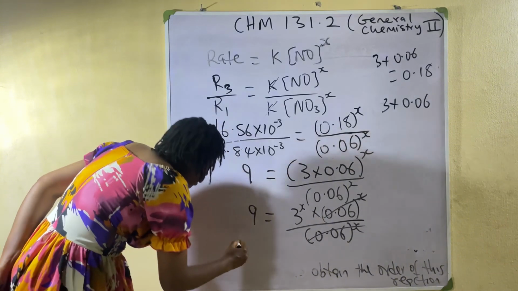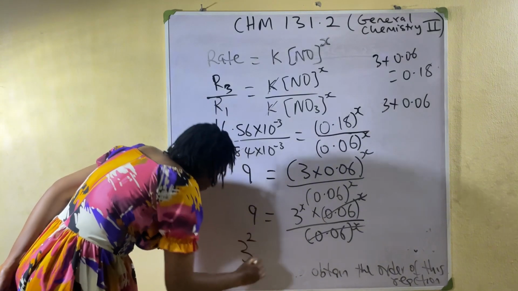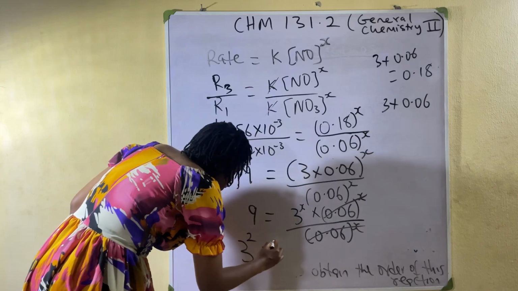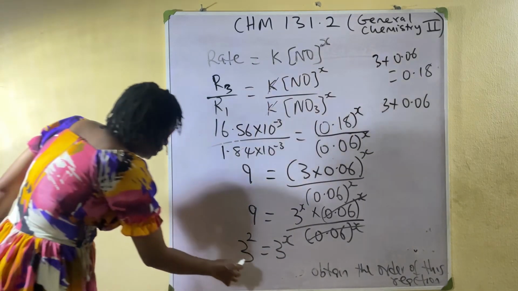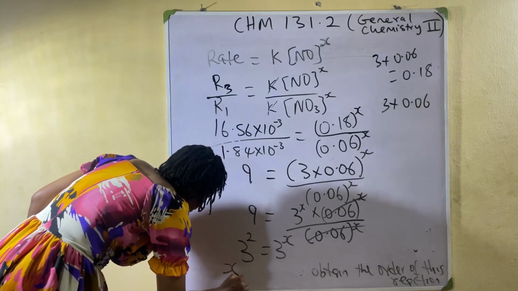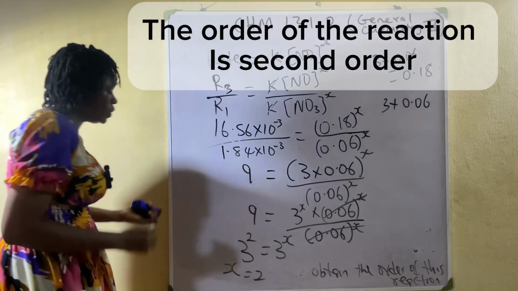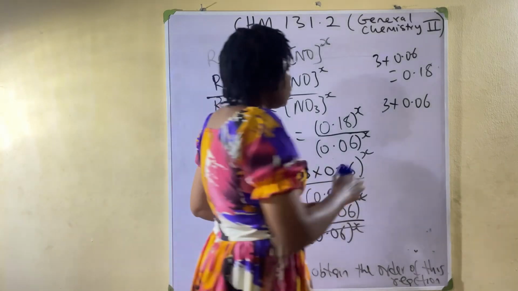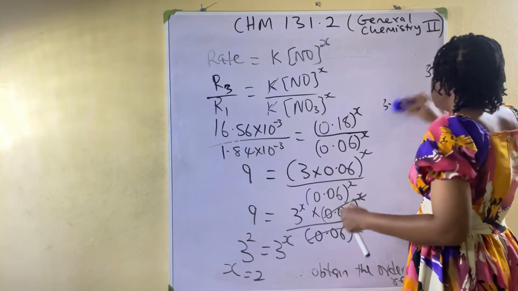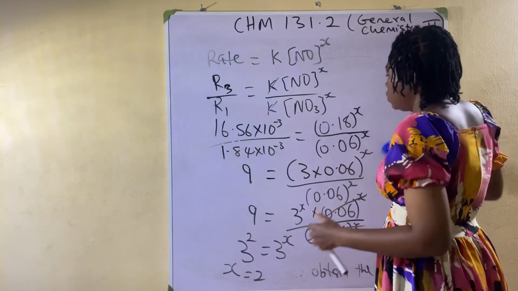So 9, which is 3 raised to the power 2, equals 3 raised to the power x. So x will be 2. The order of this reaction is 2.